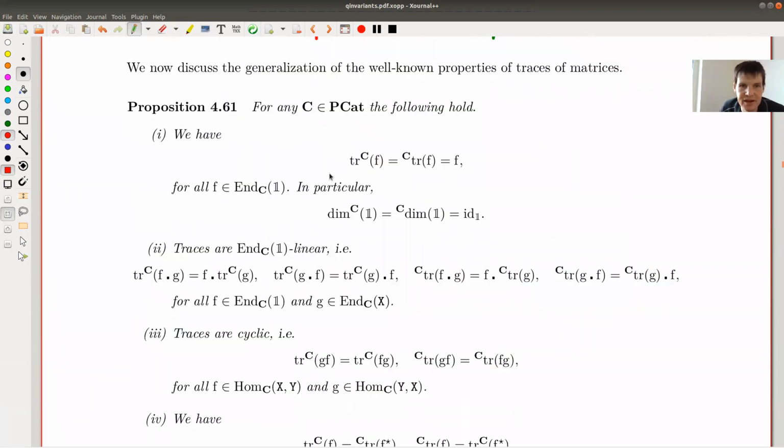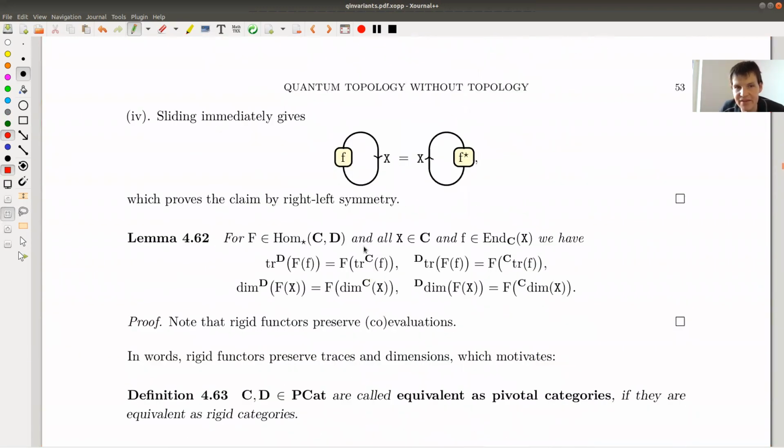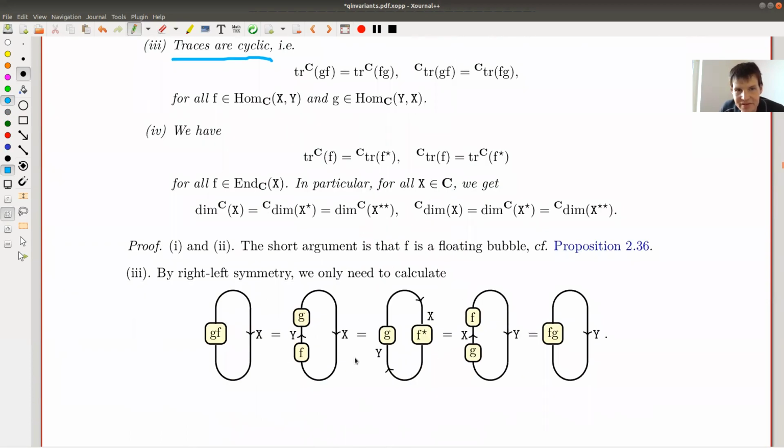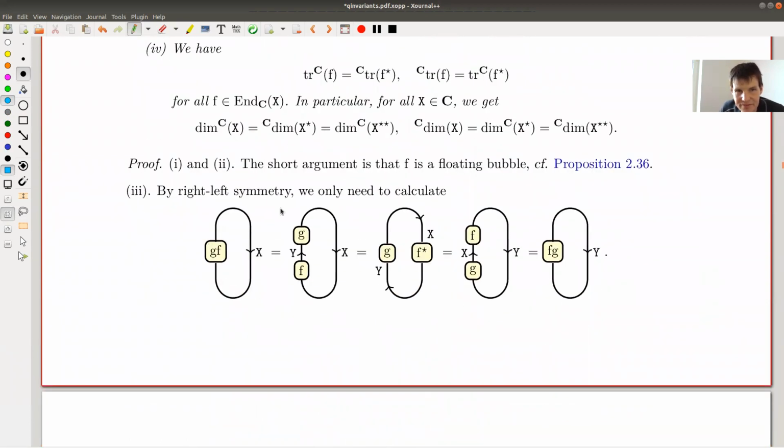Okay, and you can prove, and all proofs are diagrammatic in nature, so please read them, some easy facts about traces and dimensions. It's not so hard. The dimension of the unit object is actually the identity, so it's one. Everything is linear, so traces are linear, traces are cyclic. They're very easy to show. Here is, for instance, one of the proofs.